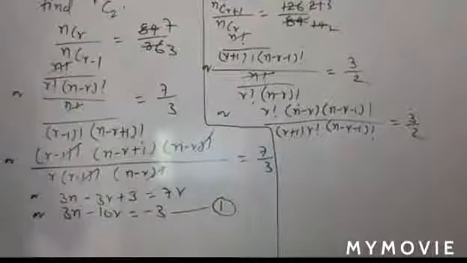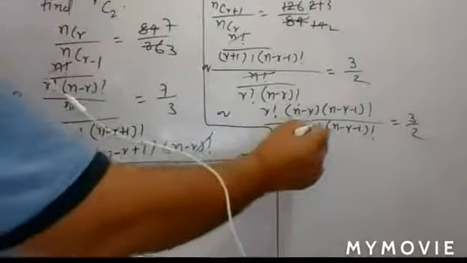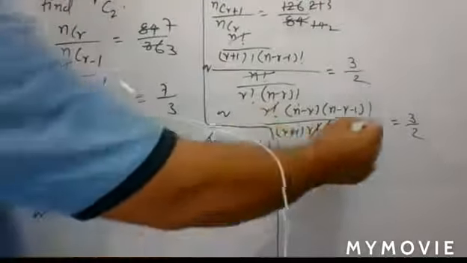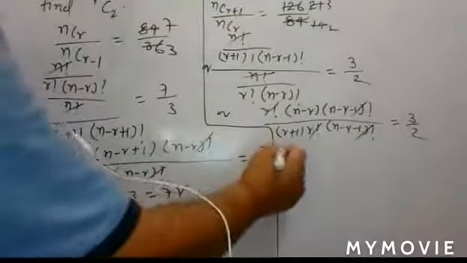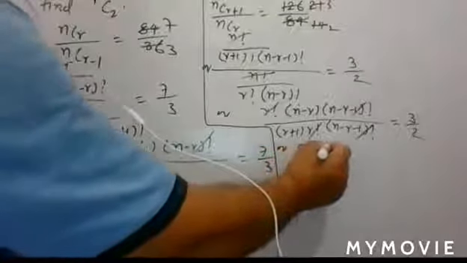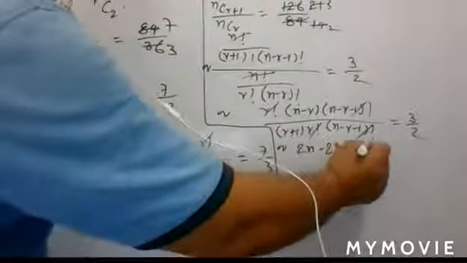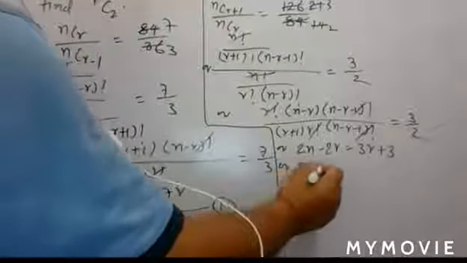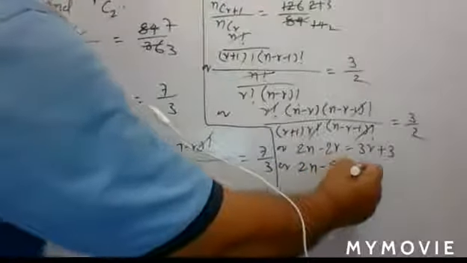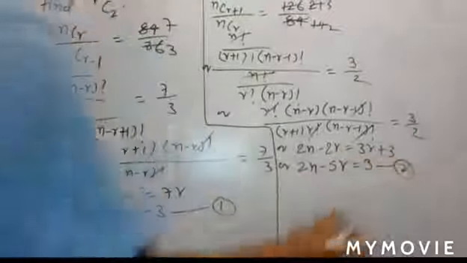Here you see that r factorial is cancelled out and this term is cancelled out. Now taking cross multiply, you have 2n minus 2r is equal to 3r plus 3. So you have 2n minus 5r is equal to 3, that is your second equation.